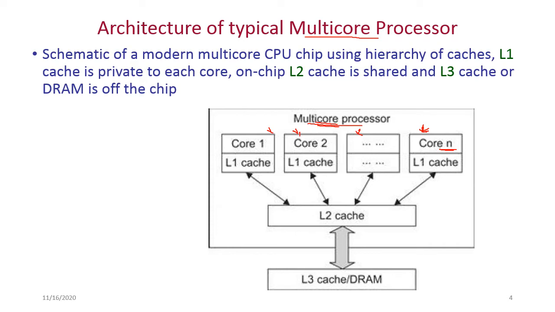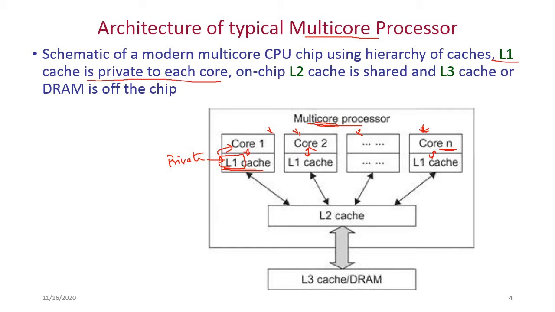Each core has its own cache, and this cache is called the private cache for that particular core. Likewise, every core has its own cache, and this is called the level 1 cache, which is private to each core.